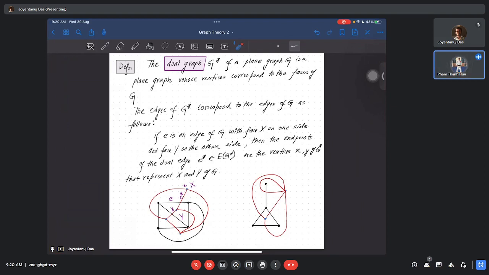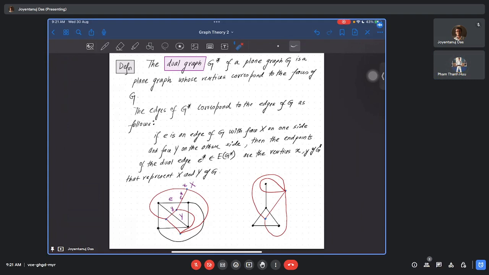So for example, here also, suppose I take this one as my edge, and these two faces are on the opposite sides of this edge.